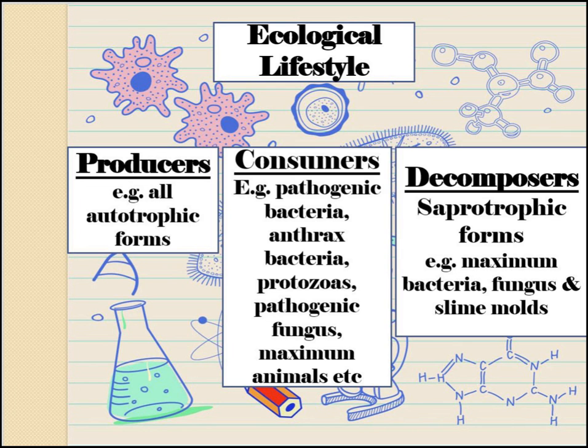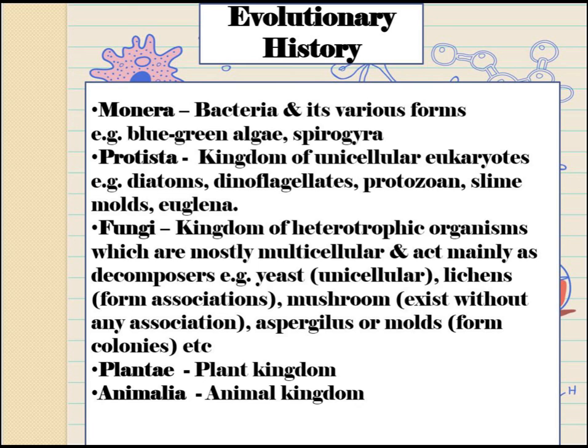And lastly, the evolutionary history, how we have got our evolutions. First came the Monera, the bacteria and its various forms which came to the earth. This is very hypothetical, we still don't know whether this is established or not, because now the new ideas and new theories are trying to prove that the theory of evolution is not the theory of life cycle.